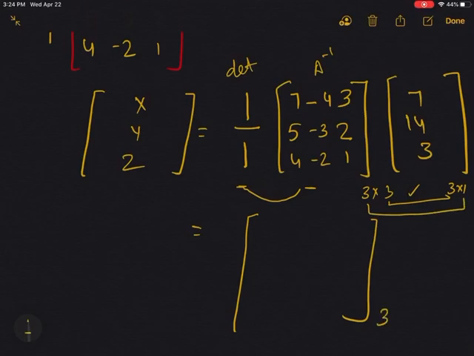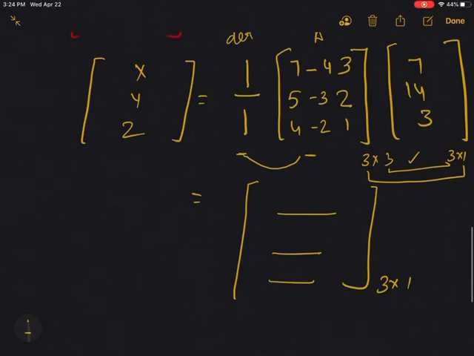So 3 by 1 means it's going to be 3 rows, 1 column, so let's multiply first number by first, second by second, third by third, and add them all. So 7 times 7 is 49, -4 times 14 is -56, 3 times 3 is 9, 5 times 7 is 35, -42, 6, 28, -28, and 3.